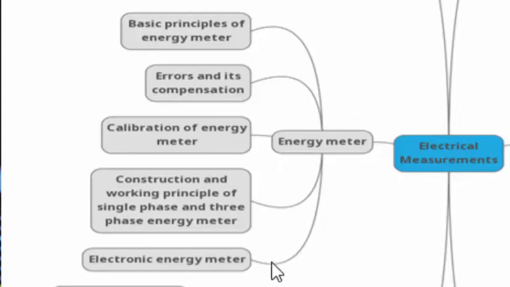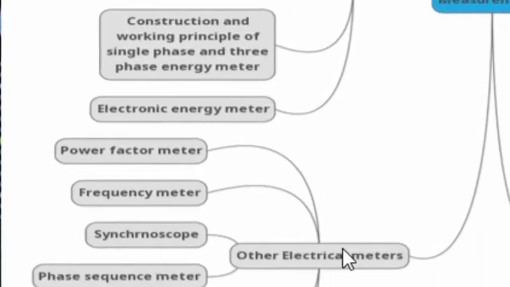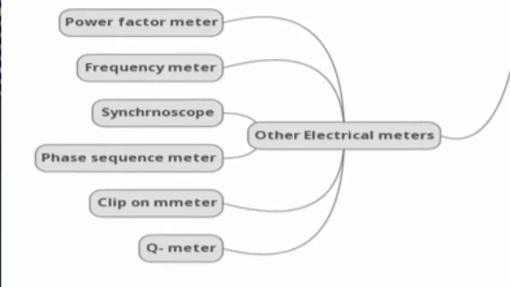In the 5th unit you will learn about other electrical meters. The voltmeter, ammeter, wattmeter and energy meter are all common instruments that you would use to measure electrical parameters.